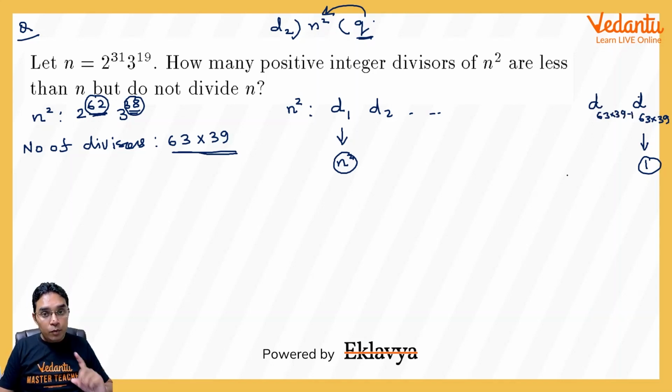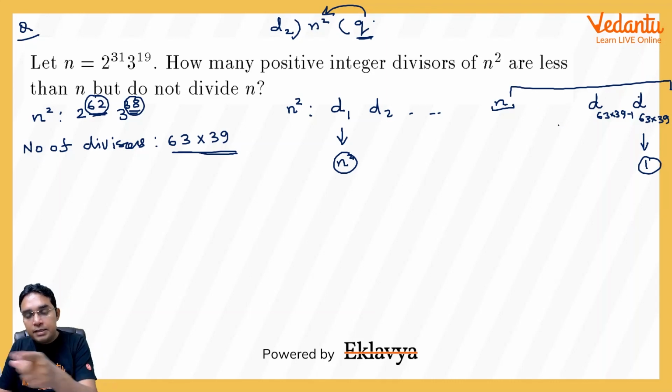Now one more thing. In between there will be n also, that will be lying just midway of this 63 into 39. So what I am trying to tell you here is that if I focus on those divisors which are less than n, which is asked in the question, they will be lying on the right of n in this series.